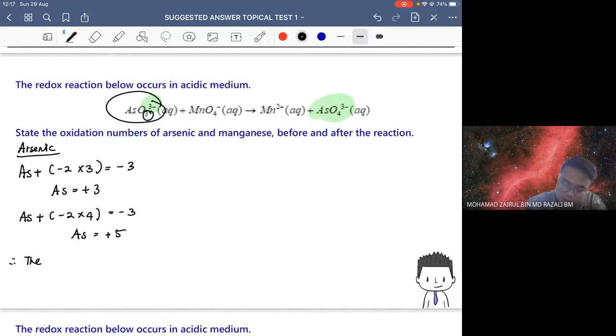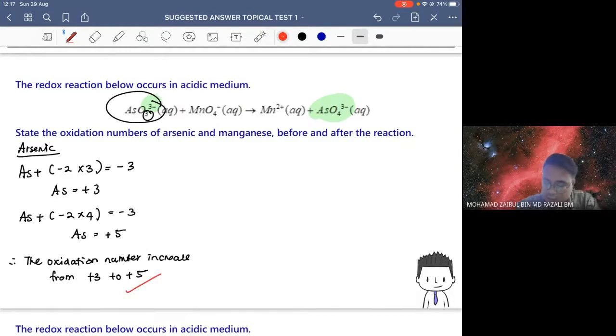So the oxidation number increase from +3 to +5. So ini adalah satu markah. So awak buat conclusion ni lah. Nak jawapan dia kemas, buat conclusion macam ni. Okay. So and then dia tanya untuk manganese pula.